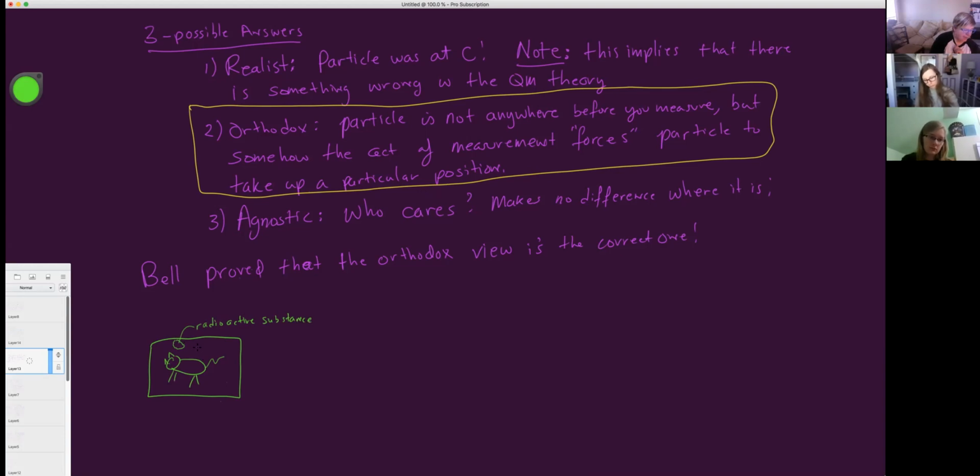And then there's a Geiger counter, which is going to measure the radiation coming off of this radioactive substance. And once it does, it's going to trigger the letting out of a poison gas of some kind. Skull and crossbones, really badly drawn.